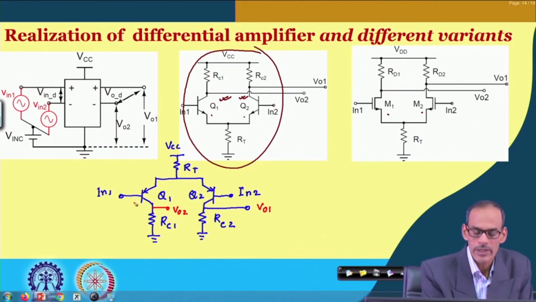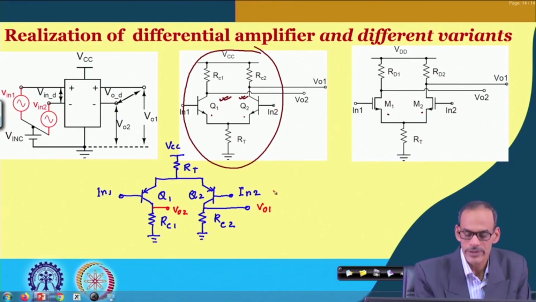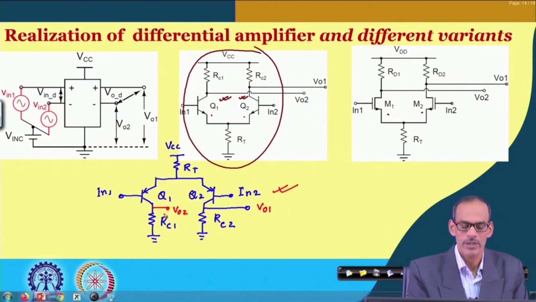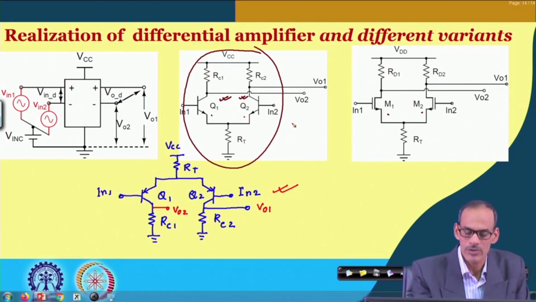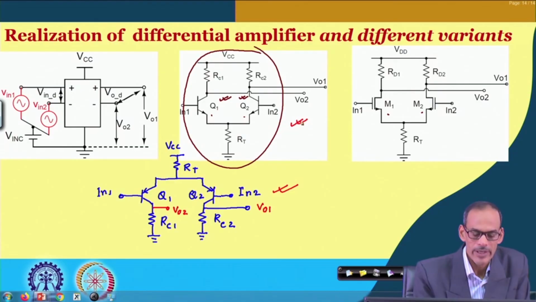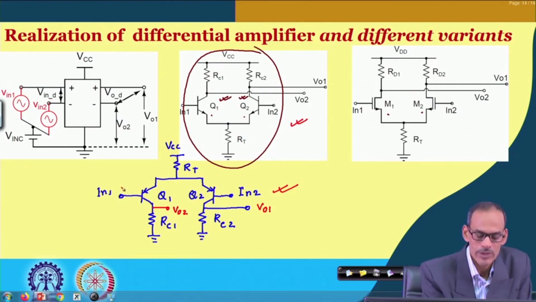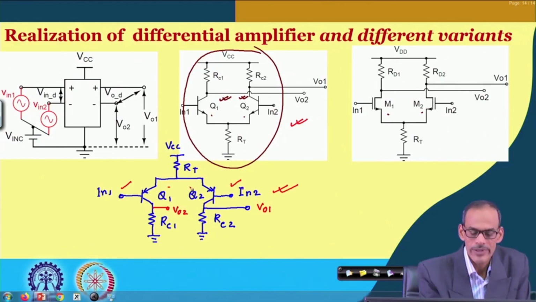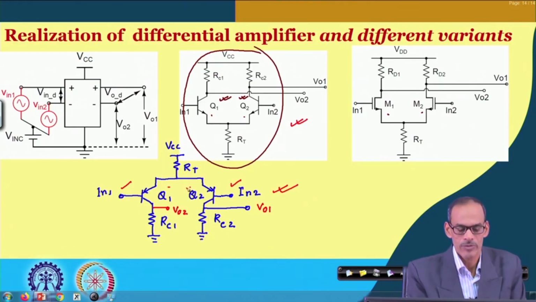Here again, the operation of the circuit using the PNP differential pair is very similar to this circuit. The only thing is that while applying the bias, we need to be careful to have meaningful DC voltage here and here, so that the devices are in the active region of operation.